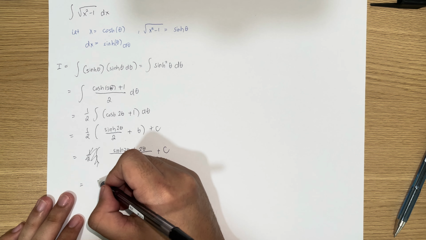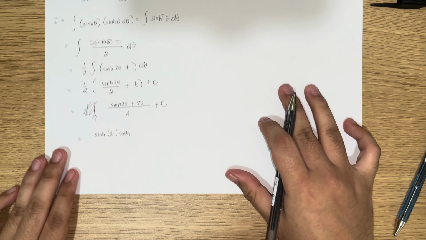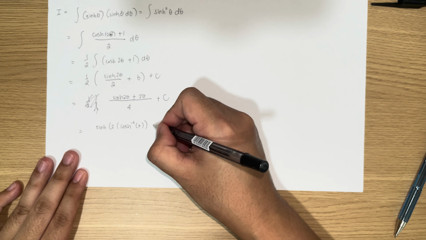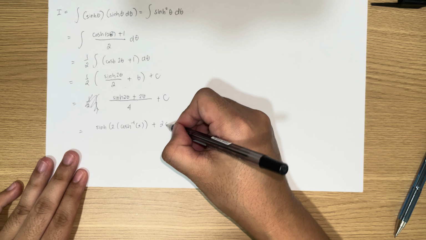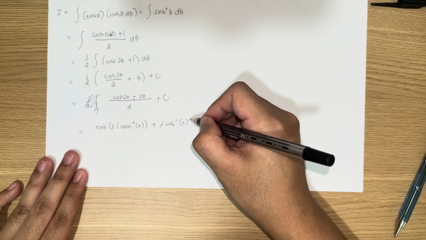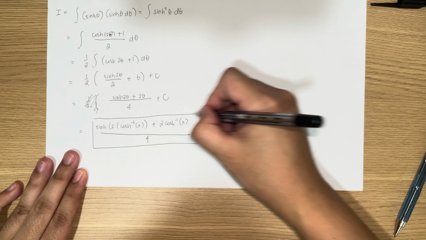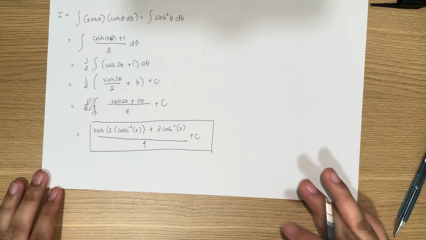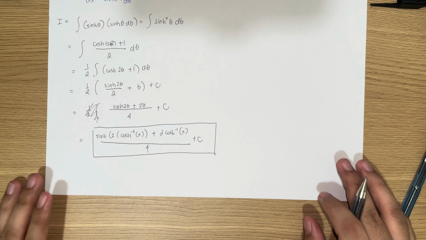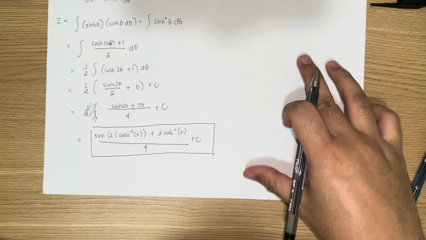So you can write this as sinh of 2 times the inverse hyperbolic cosine of x, minus 2 times the inverse hyperbolic cosine of x, all over 4, plus c. And this can be your final answer already, if you're allowed to express things in terms of inverse hyperbolic functions.